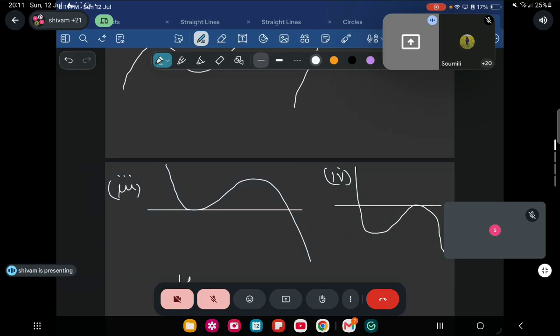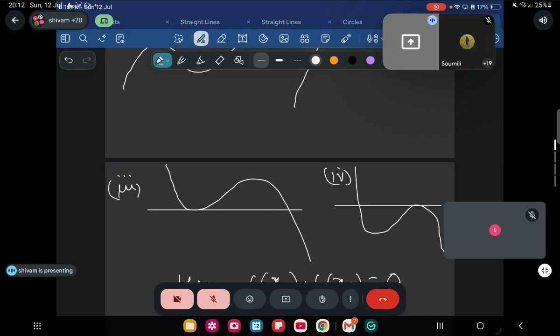Over here, what do we need to apply? Over here, f dash at x1 multiplied by f dash at x2. Wait, over here f of x1 into f of x2 should be equal to 0. Right, this is what we need to apply.